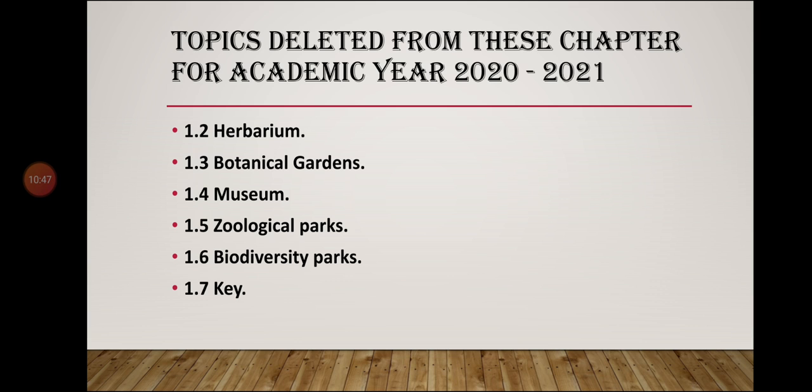But all these topics you do not have to study, because these topics are deleted from this chapter for this academic year, that is 2021, as there is a 25% reduction in your syllabus. So from this chapter you have to study only the basic principles of life, that is the characteristics of life, and the rest of the chapter is deleted.